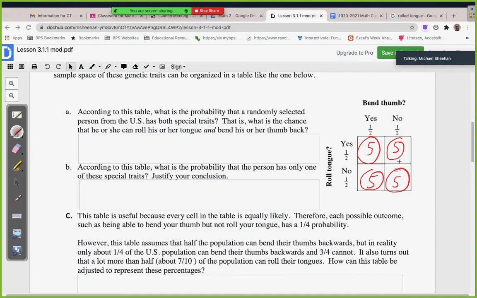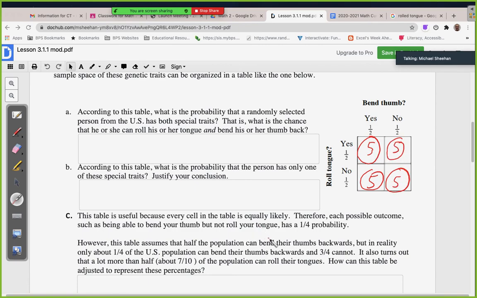But if you look, how many people can roll their tongue? 10 people, half of all people. How many people can't roll their tongue? 10 people. How many people can bend their thumb? 10 people. How many people can't bend their thumb? 10 people, half of all people.